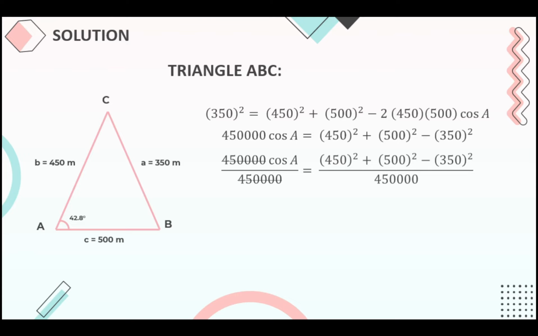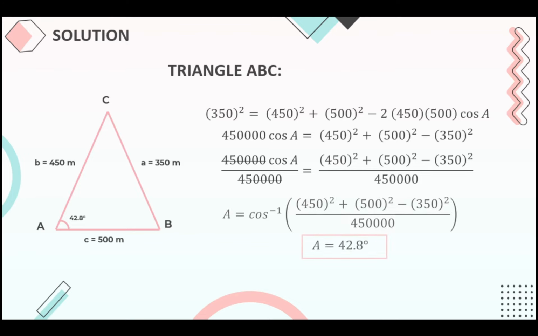So we have 450,000 cos A equals 450 squared plus 500 squared minus 350 squared. Divide both sides by 450,000. So we have A is equal to arc cos of the quantity 450 squared plus 500 squared minus 350 squared all over 450,000. So angle A is equal to 42.8 degrees.